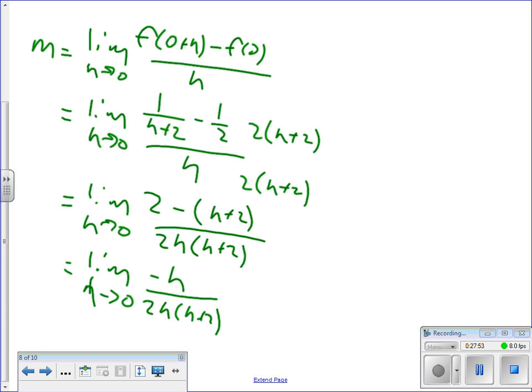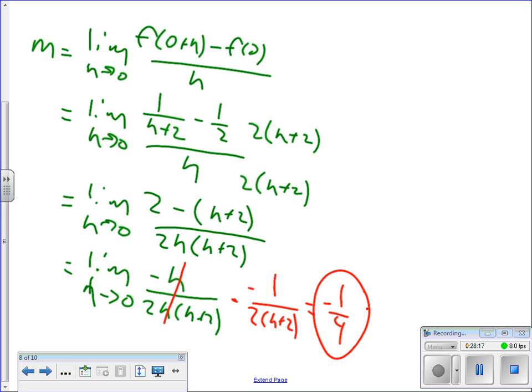I still can't put in 0 yet. However, these h's cancel, and I get negative 1 over 2 times h plus 2. If I put in 0 for that, I get negative 1/4. That's my slope, negative 1/4.